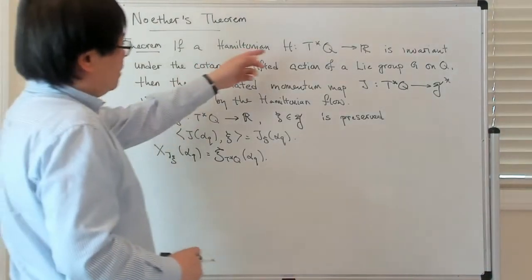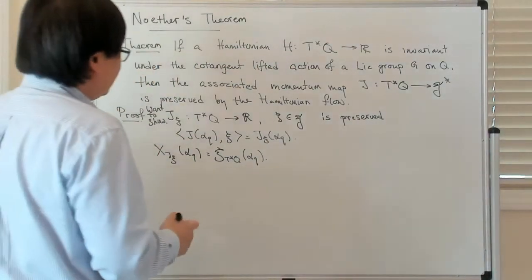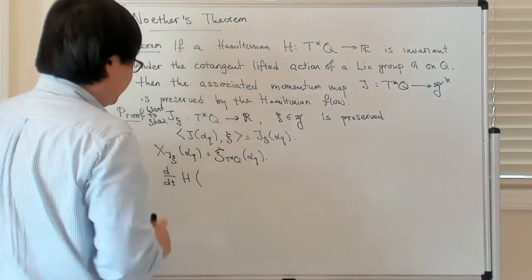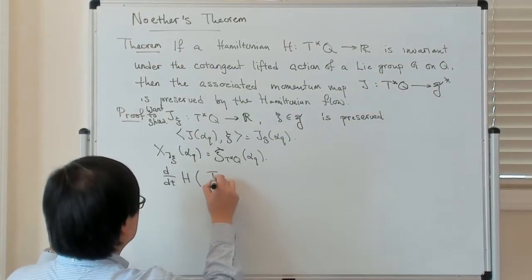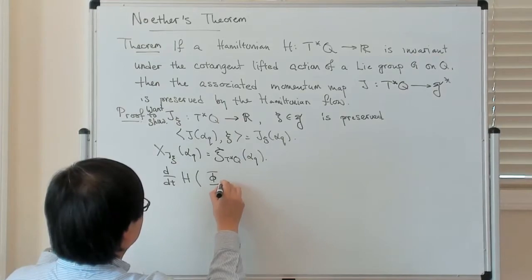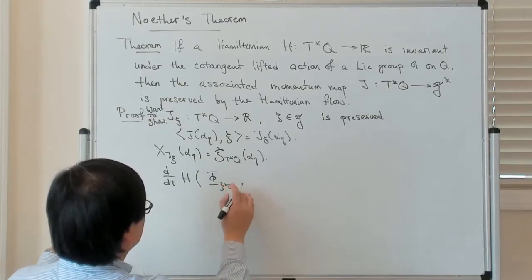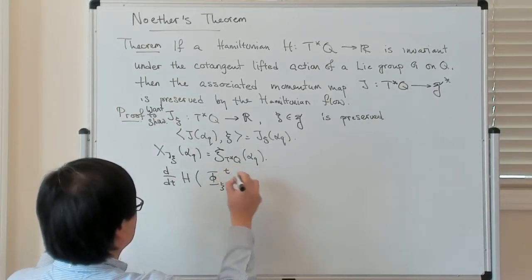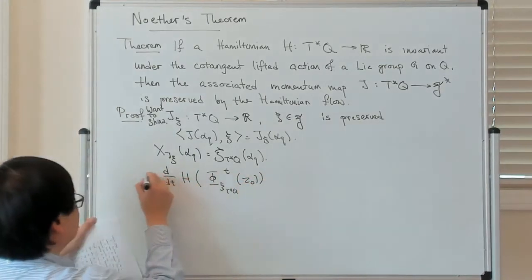Okay, so what does it mean that the Hamiltonian is invariant under this cotangent lifted action? What it really means is that d/dt of the Hamiltonian evaluated along the flow generated by this infinitesimal vector field, for any time and for some initial z0, is equal to 0.